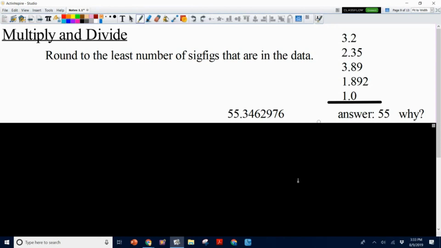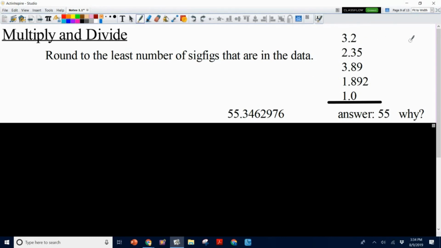Okay, so why is that? Well, we're going to count the significant digits in each one of our data set, our given data. That's all you count the significant figures in. When we start doing these chemistry problems, we're going to talk about the significant digits in the data. But here we have 5 different data sets. So we're going to count the significant digits in each one of these.